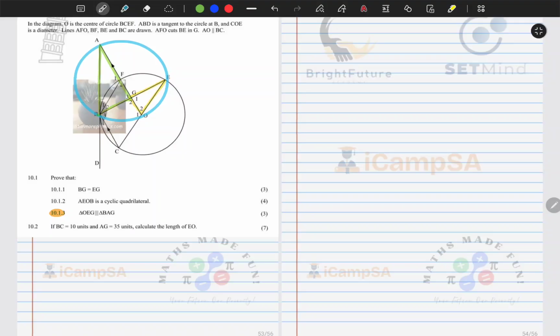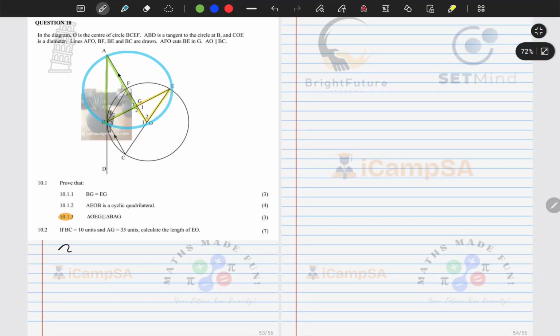This is what is going to make our life easy. We're looking at 10.1.3. I need you to remember that AEOB is a cyclic quad. We did show that on the previous question.